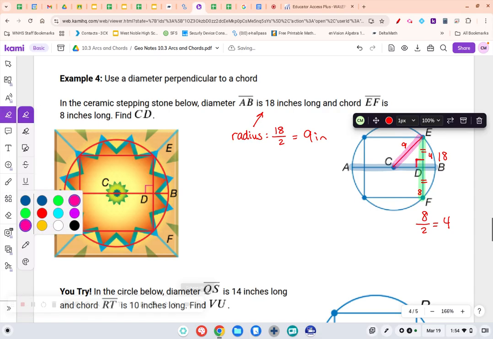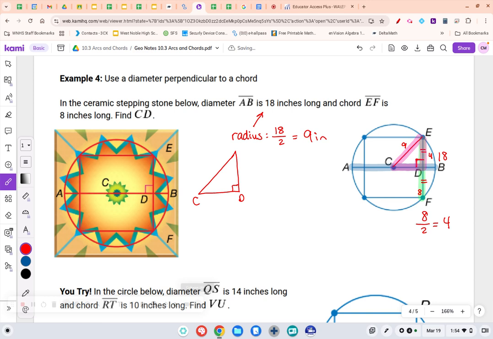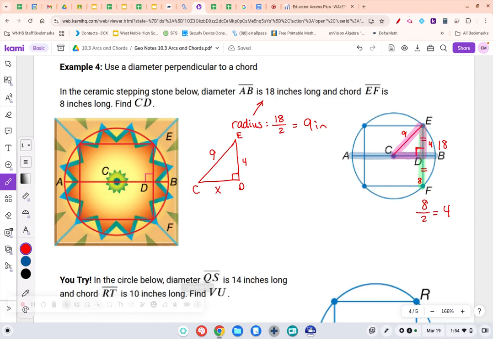I now notice that I have a right triangle here that I can do Pythagorean theorem for to find the segment CD, which is what the question is asking for. So I redrew my little triangle. I'm going to call this x.